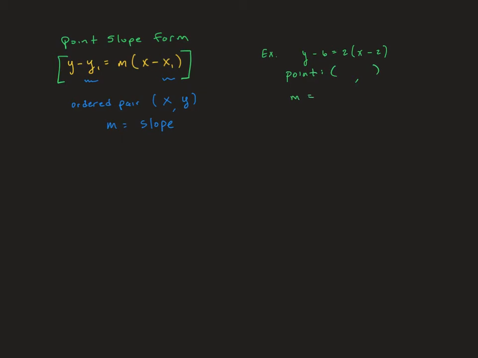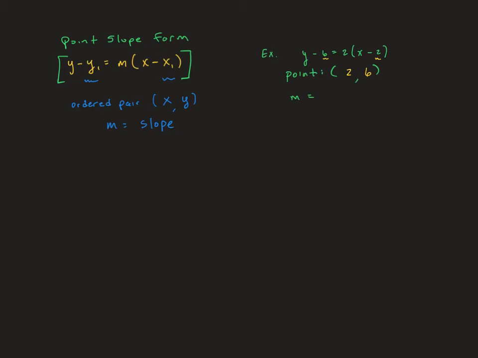According to our formula, we have y minus. So what is this number here? My y value is going to be 6, right there. And then my x value, I have x minus some x value, and that is going to be right here, 2.